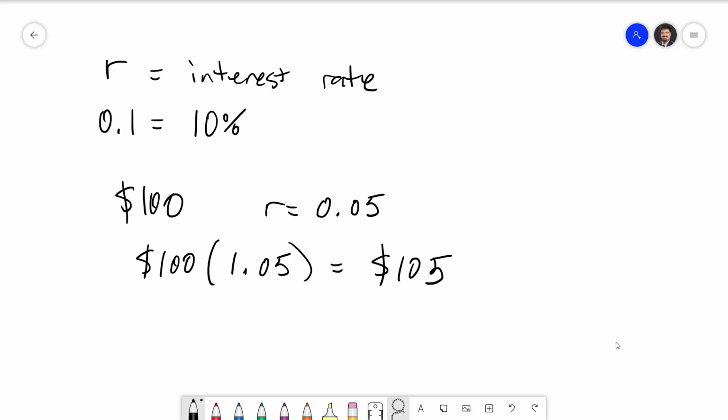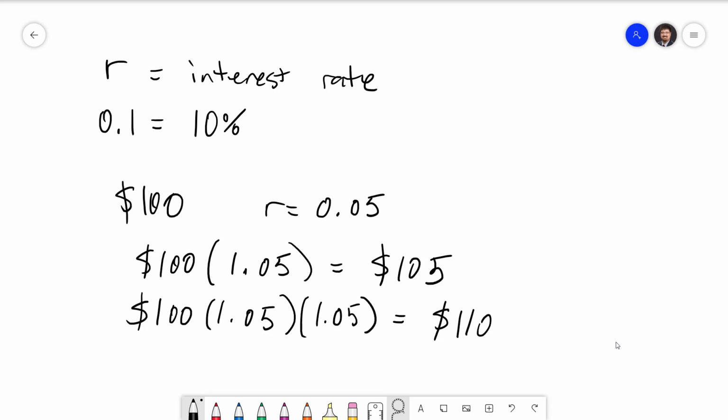After a second year, our starting $100 is going to grow by 5% twice. And so we'll take 100 times 1.05, which is 105, and multiply it by 1.05 again, which is 110.25.